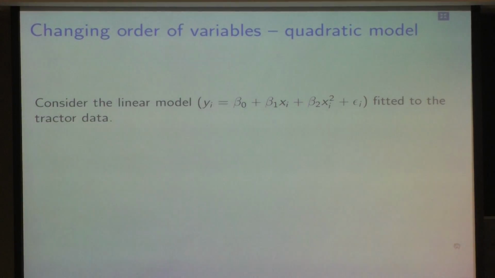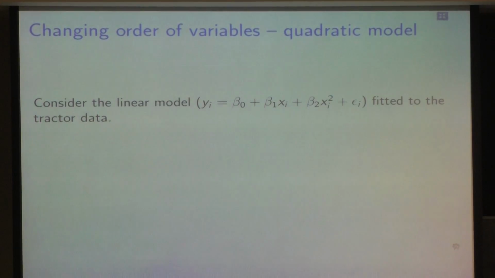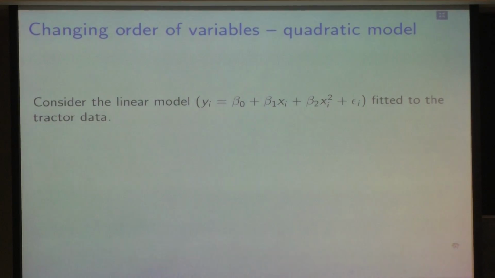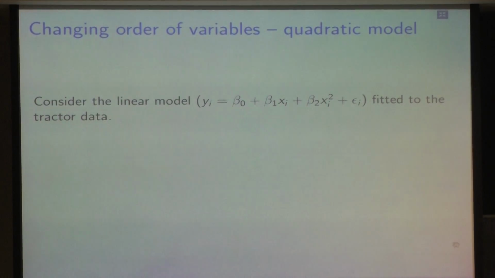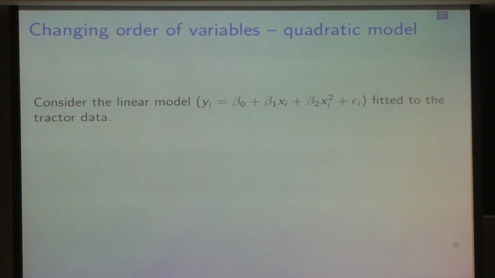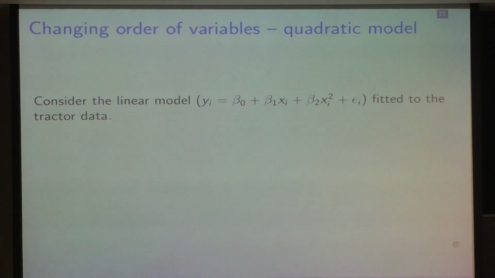So we've got this quadratic model, where we fit beta 0 plus beta 1 x_i plus beta 2 x_i squared plus the random part of the model, epsilon_i. So that's our quadratic model, and the question is, do we actually need the quadratic term? Can we actually get away with taking beta 2 equal to 0? So the null hypothesis there would be that we don't need the quadratic term, beta 2 is equal to 0.